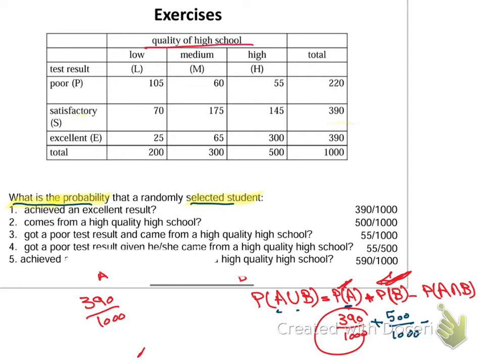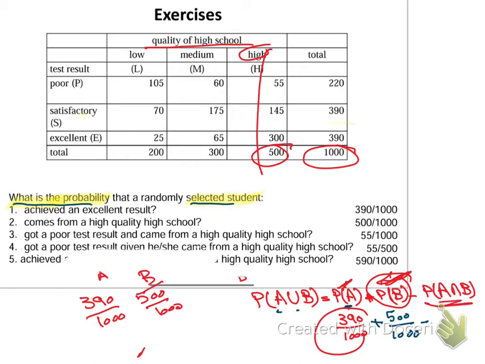High quality school. This is the high quality. Come here. So 500 divided 1000. As I don't have any other thing in the problem except this one, probability B. Probability B, probability of high quality, 500 divided the total, and ignore any other thing. So the second probability will be 500 divided 1000, which is B, the high quality.